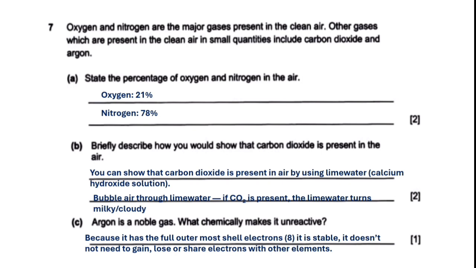So there are many reasons, but the main reason must be stability. Whenever you are bringing out the point, don't forget stability. For any element to be stable, it has to have a full outermost shell of electrons. Alright, let us move on to the next one.